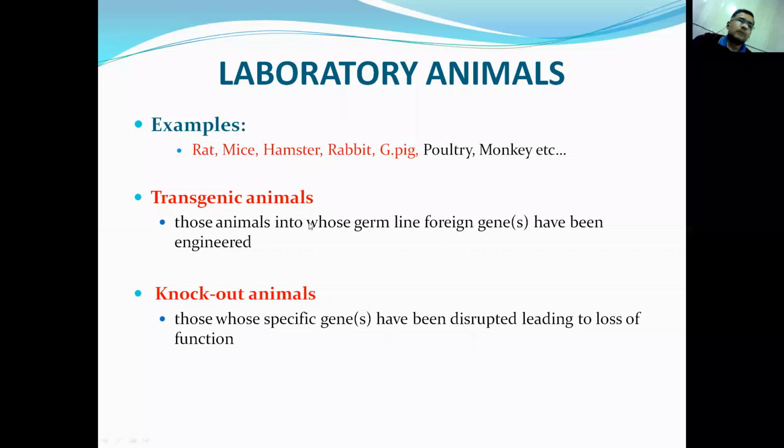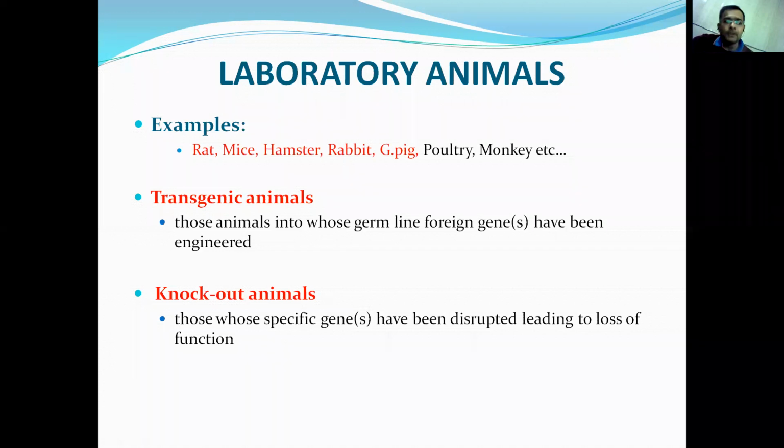In contrast to transgenic animal, knockout animal. Knockout is similar to what we generally hear in cricket, where we say it is a knockout round. So knockout means you are removing a particular target gene, so that disruption of that gene leads to the loss of that function.